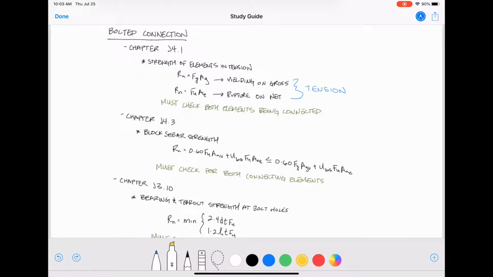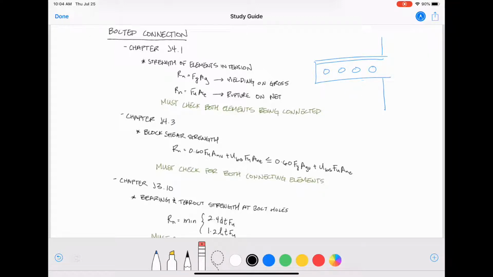So when we did tension members, if we had our angle or whatever we were looking at, we were only checking the tensile strength of this member, but you got to remember that this angle is being connected to something else.